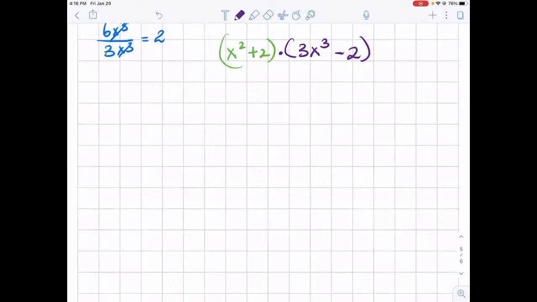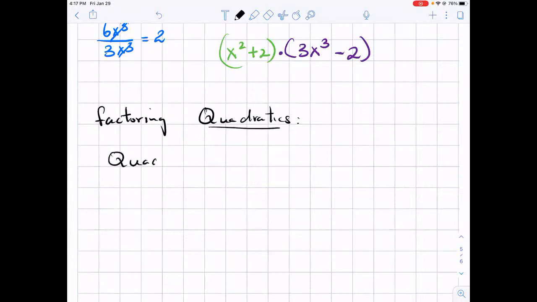So now let us look at factoring quadratics. Remember, a quadratic is written in the form ax squared plus bx plus c.